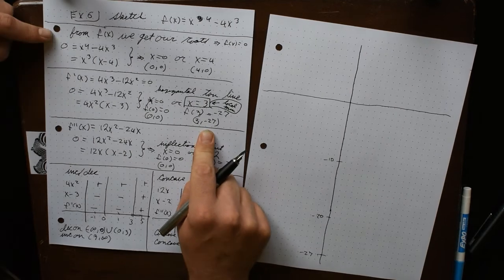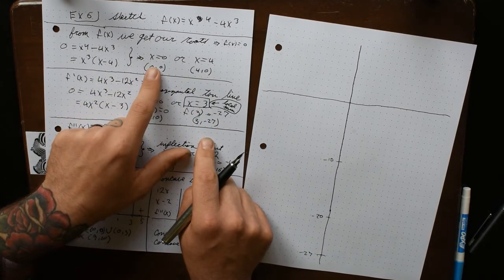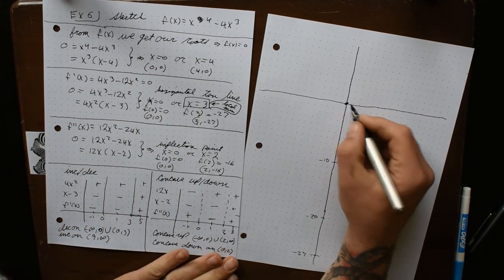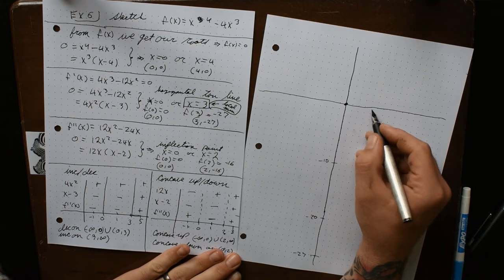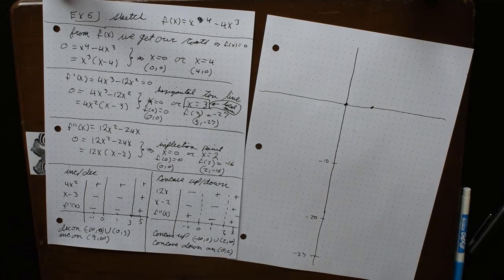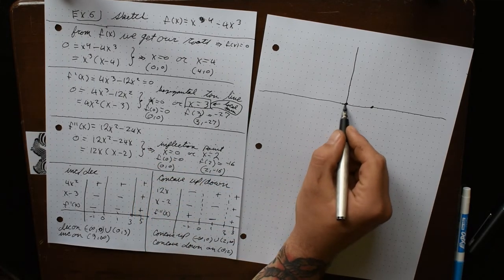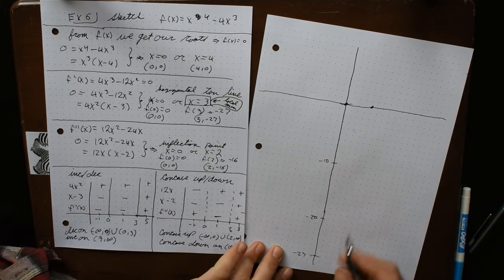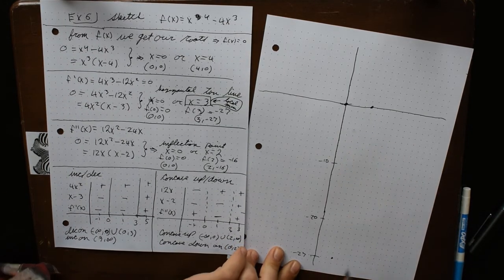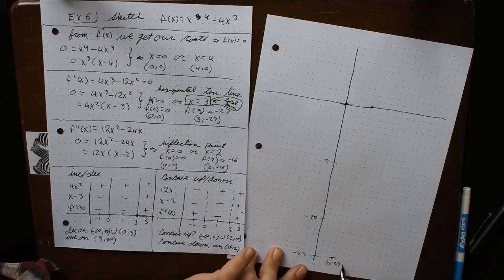So working top down, we know we have these roots. We know we're going to cross the x-axis when x is equal to 0 and when x is equal to 4. Okay, we also know we have a horizontal tangent line, or the slope of this function is 0 at the point 0, 0, and it's 0 at the point 3, negative 27.